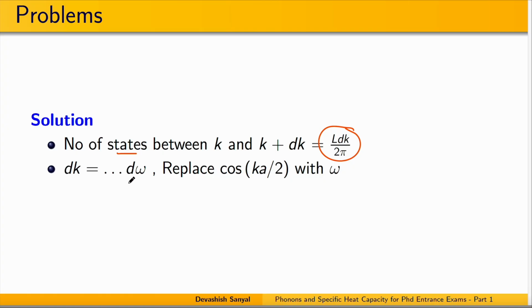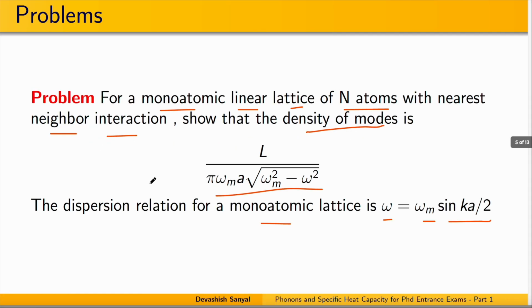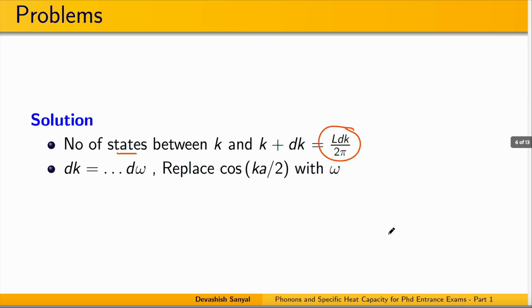So we have to change dk to d omega, and for this we will be using this relation. Once we convert dk to d omega, we will get dk equal to something times d omega. Here you will have a term like cos ka by 2.